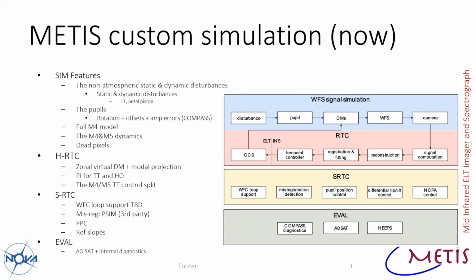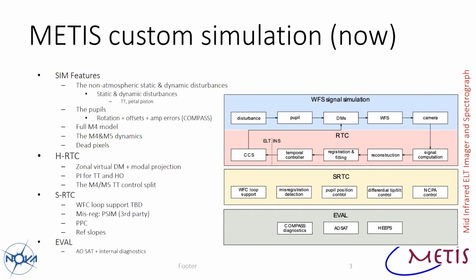We have wind-induced tip tilt, so lots of possibilities to make results bad. For the pupil, we have a full M4 model from ESO. We have implemented M4 and M5 dynamics, all kinds of detrimental effects. And of course, everything that the RTC is doing is mainly in Compass modules here.